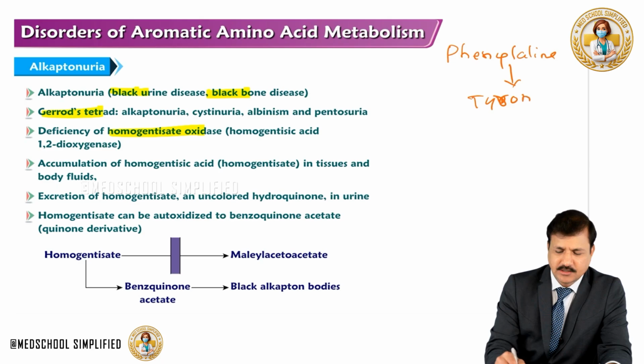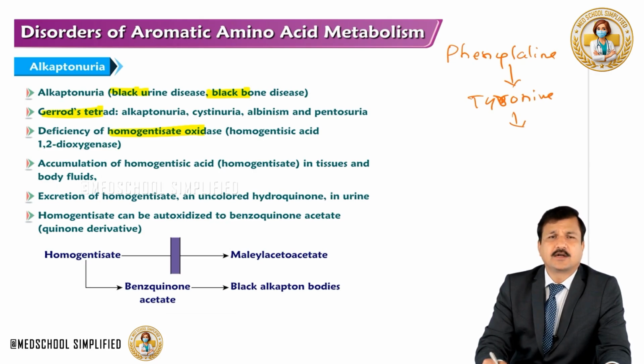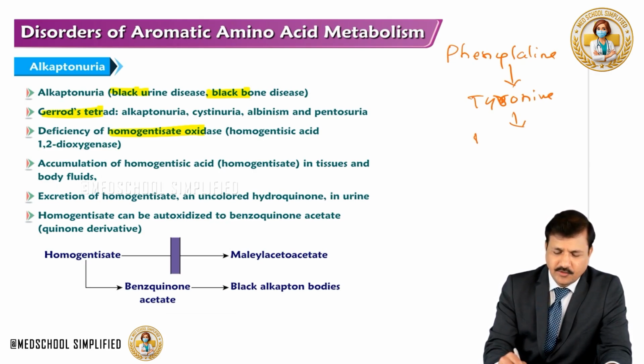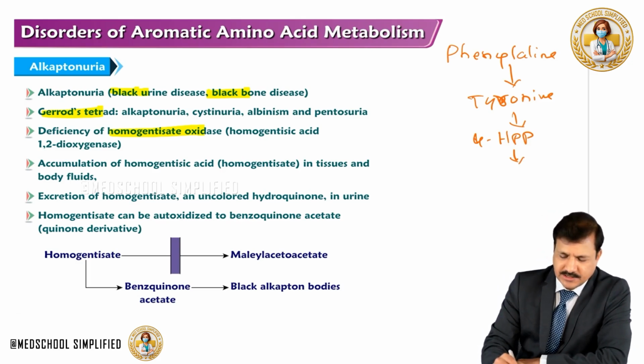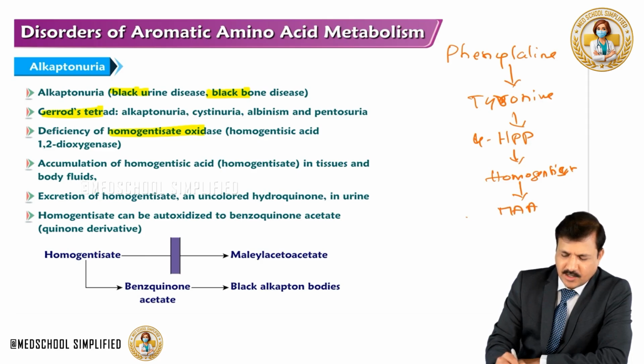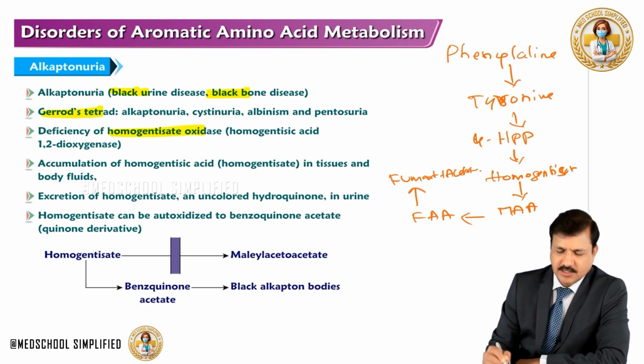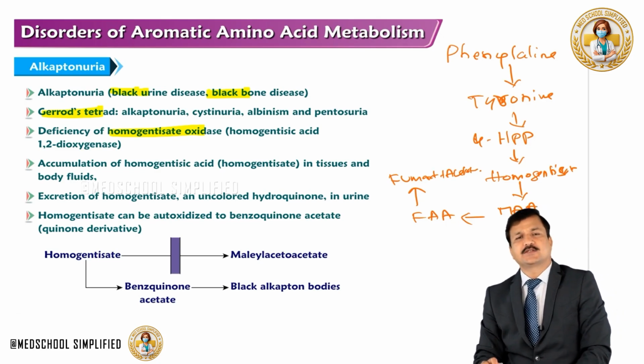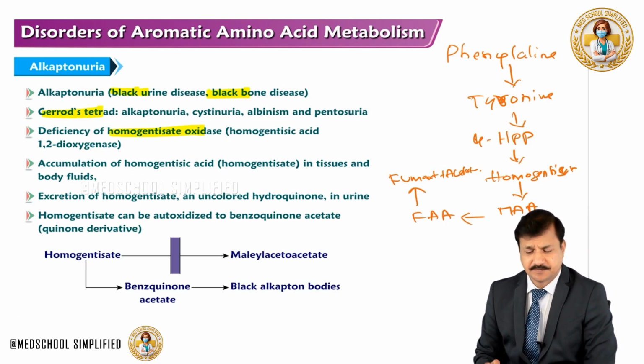Tyrosine undergoes catabolism, first a transamination into 4-hydroxyphenylpyruvate, and 4-hydroxyphenylpyruvate is converted into homogentisate, homogentisate into maleylacetoacetate, maleylacetoacetate into fumarylacetoacetate, and fumarylacetoacetate breaks into fumarate plus acetoacetate. This is how the catabolism of phenylalanine and tyrosine goes.